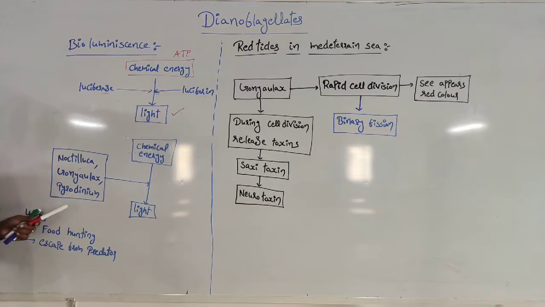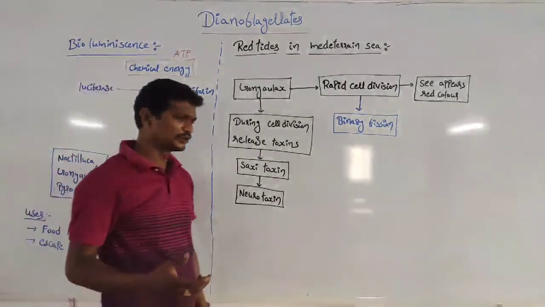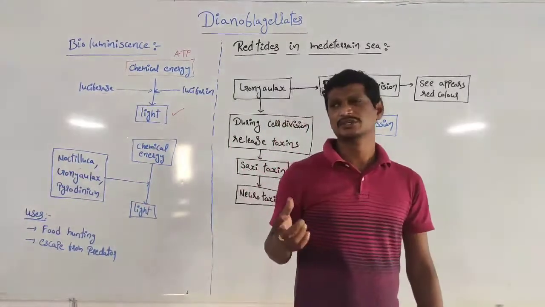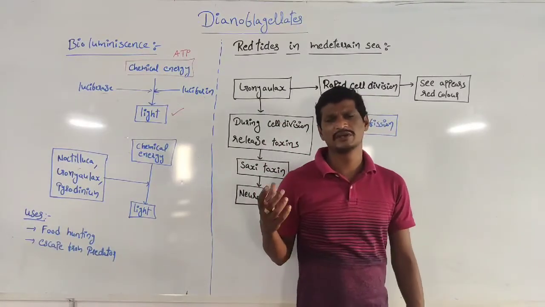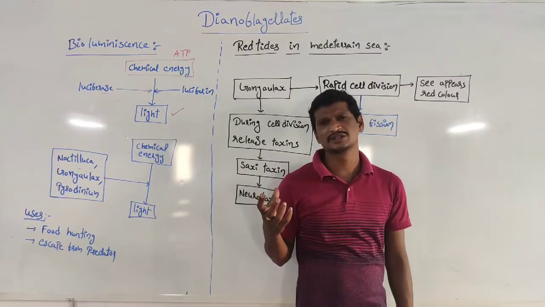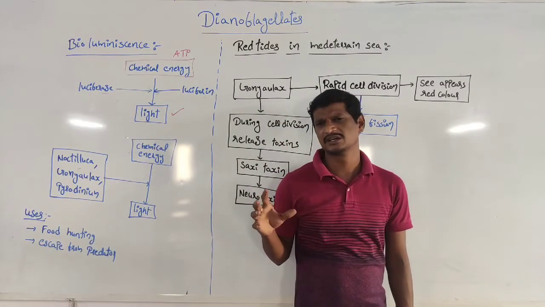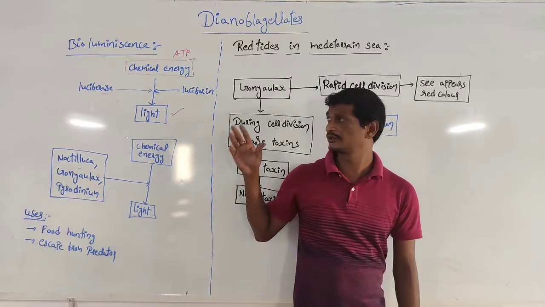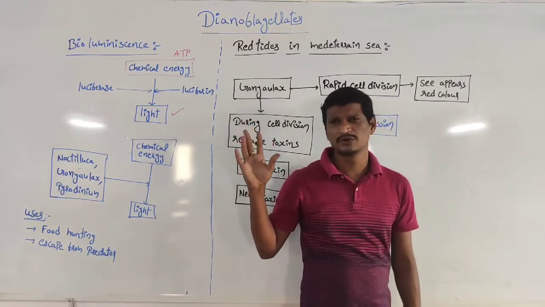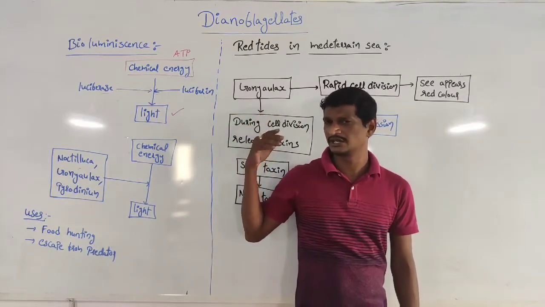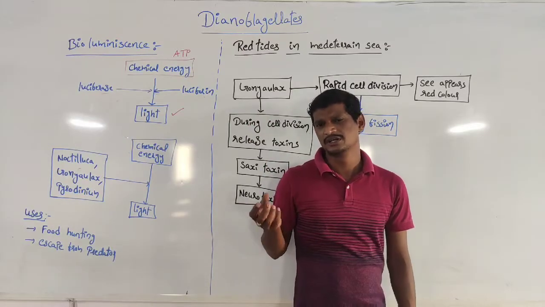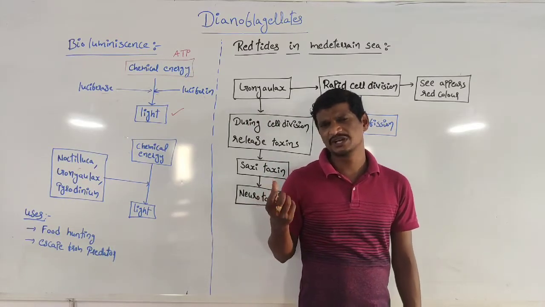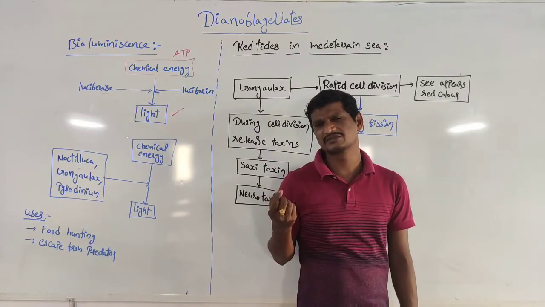These organisms also have the capacity to exhibit light. I said many times, when we watch National Geographic shows related to dinoflagellates, during the night time, different organisms exhibit different colors of lights.